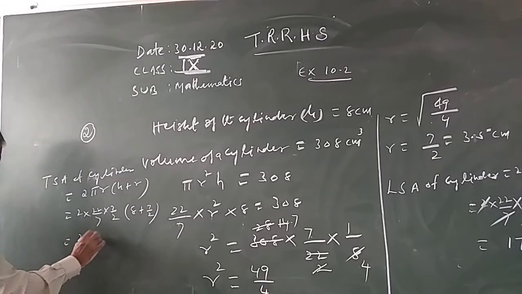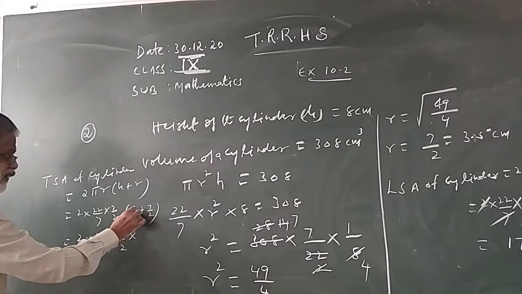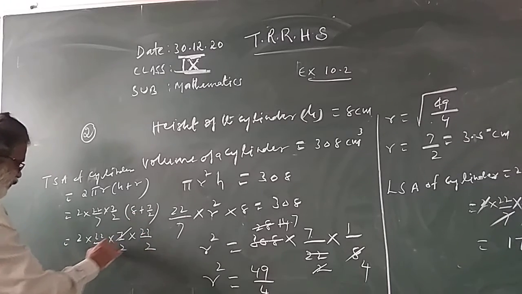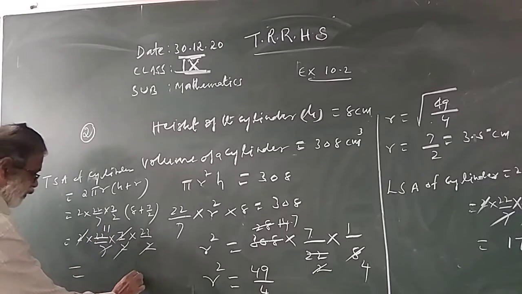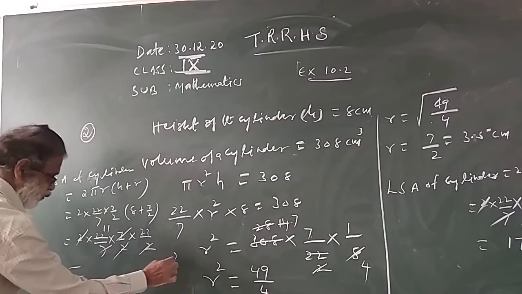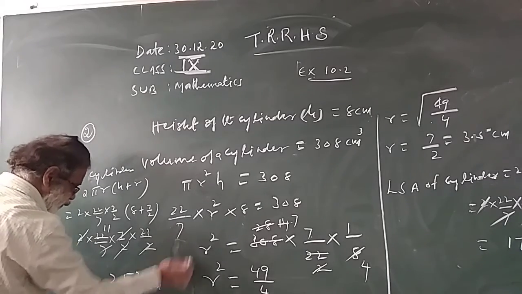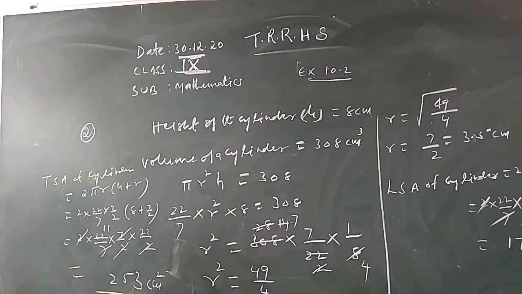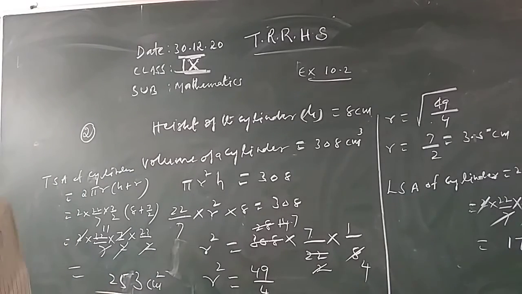So 2 into 22 by 7 into 7 by 2 into, 2 eights are 16, 16 plus 7 is 23 by 2. 7 and 7 cancel, 2 and 2 cancel, leaving 22 into 23 by 2. 11 threes are 33, 11 twos are 22, giving 253 square centimeters. This is the PSA. LSA is 176 square centimeters and PSA is 253 square centimeters. Like this it is calculated.